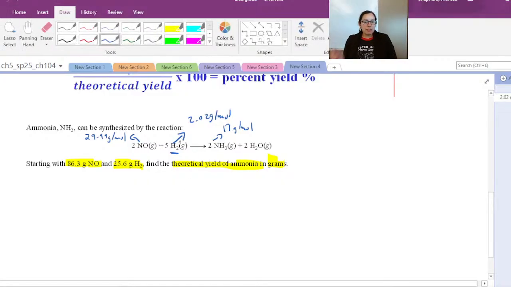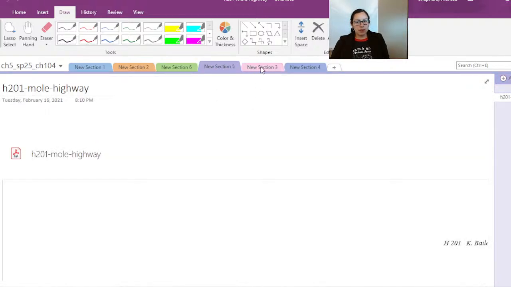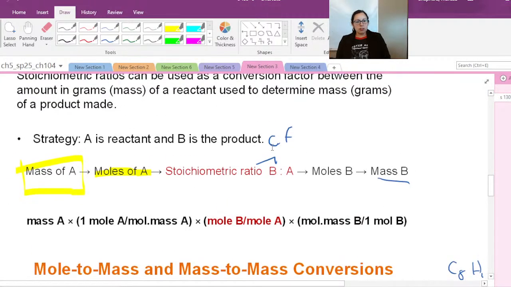All right, so we left off on this problem. So maybe take a minute or two to look at this. And if you remember, let's refresh on our steps of what we're trying to do. Usually we're given some mass, and this is a good refresher for today's lab.